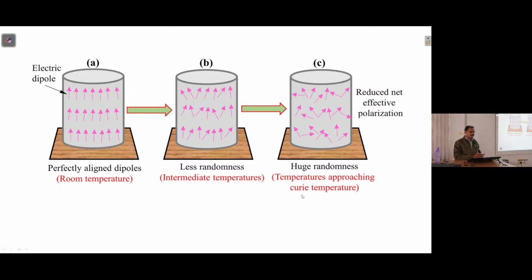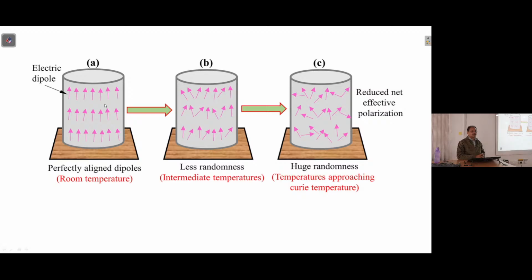The reason is like this, of course this is a schematic. The arrows are just representing that the material is polarized in this direction. If it is heated and the temperature increases, then all its molecules will have higher energy, so they will have more vibrations.